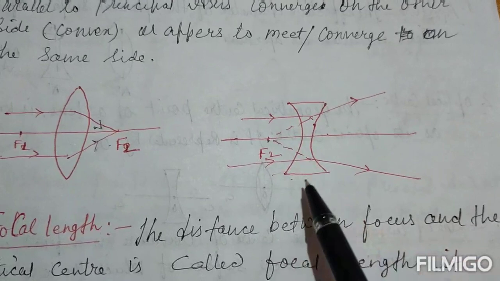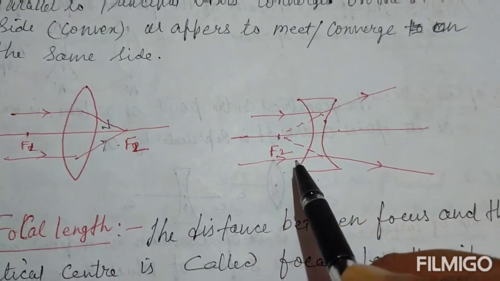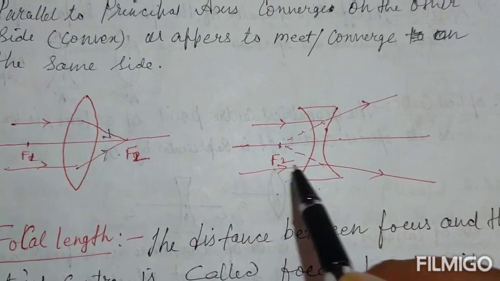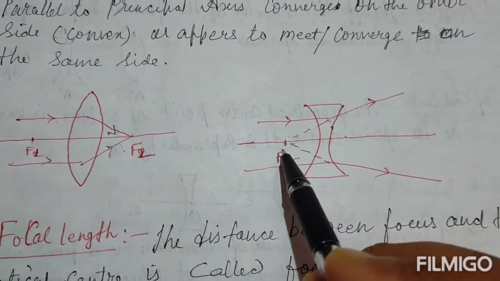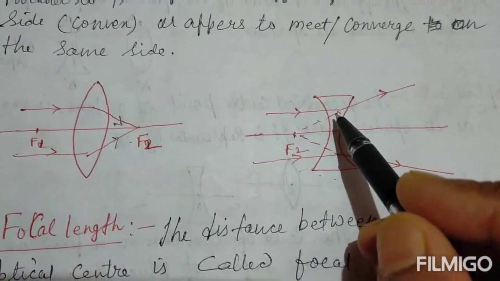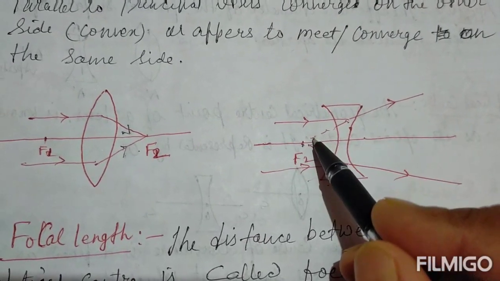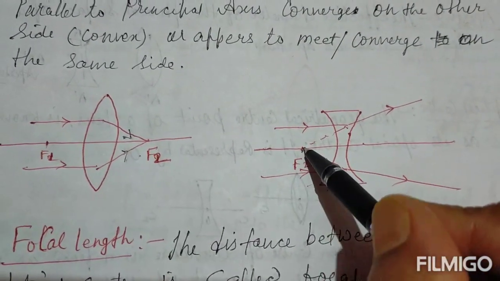And in case of a concave lens, rays come from infinity parallel to the principal axis, and after refraction they bend. But when we produce these lines backward, we find that they meet at a point.